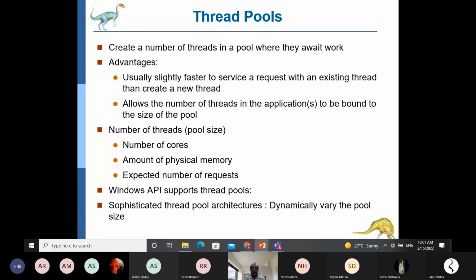Another thing, the most sophisticated point in thread pools, is that they can be dynamic. Based on the traffic or the requests, the thread pool size can be varied dynamically. If there is very little traffic, the pool size can be kept smaller. If there is peak traffic, you can keep the pool size at the maximum possible.